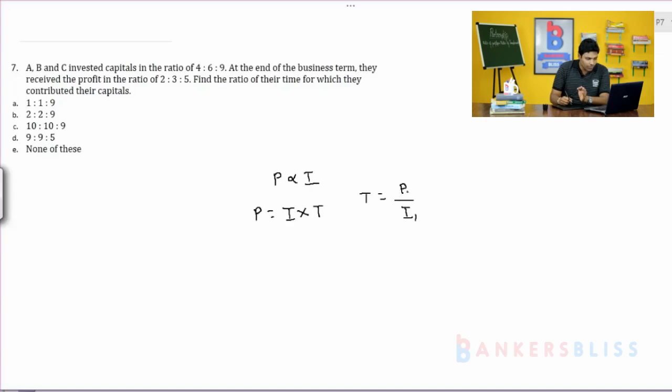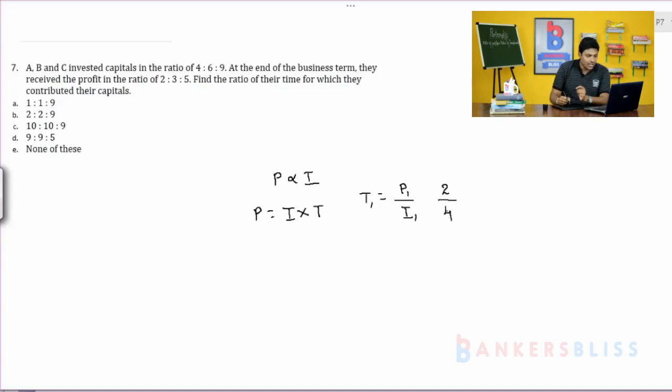So you have three profits: profit 1, profit 2, profit 3, and three investments: investment 1, investment 2, investment 3, and you have to calculate three time periods: time 1, time 2, time 3. So time 1 is equal to P1 by I1, profit 1 by investment 1. Profit 1 is 2, that is the ratio, and investment 1 is 4.